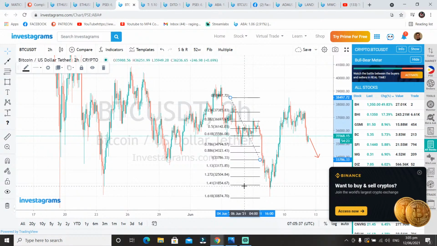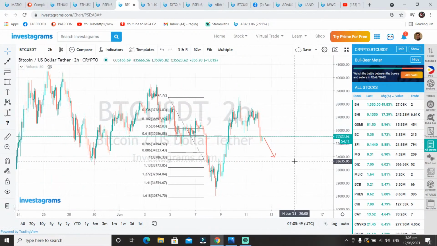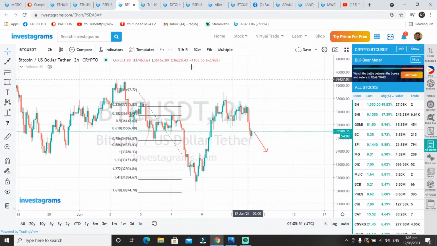So you need those, the 78% level, and even the 113% level. So you can make the necessary adjustments yourself by just following the Fib retracement levels.